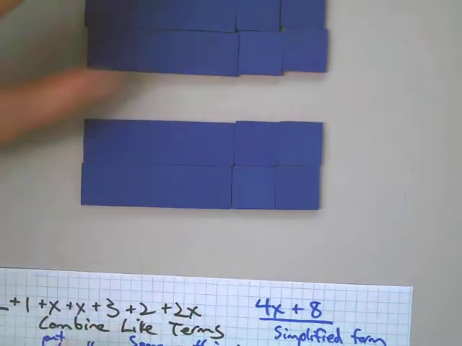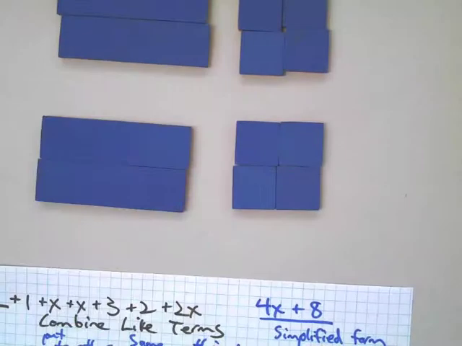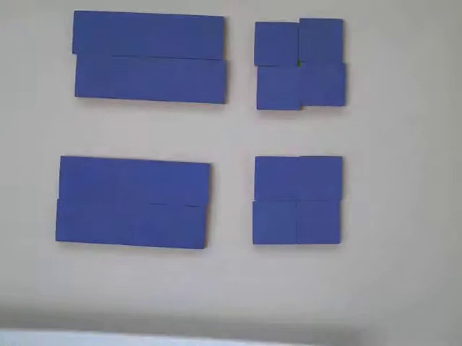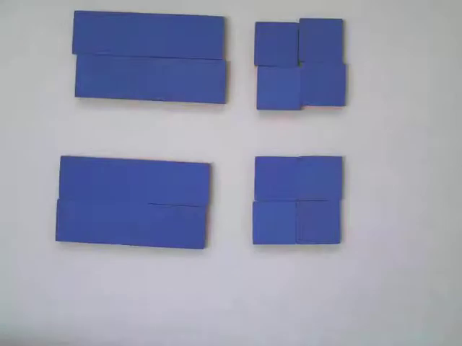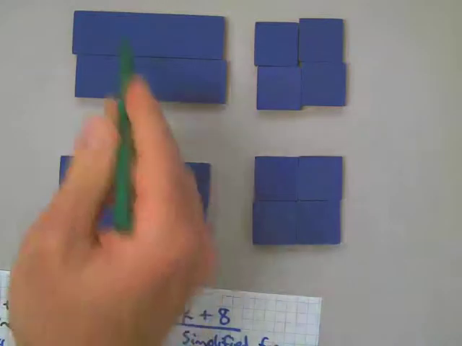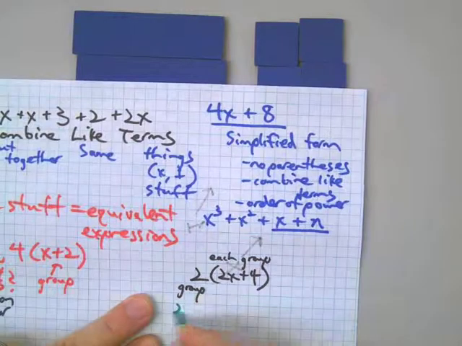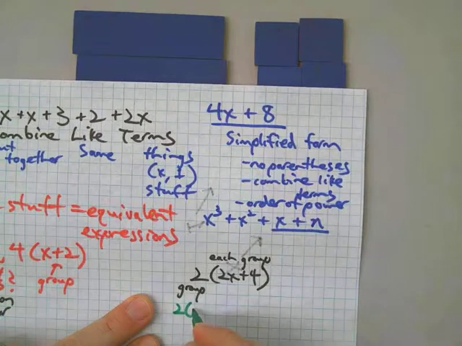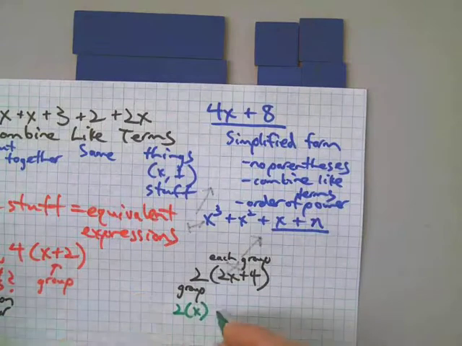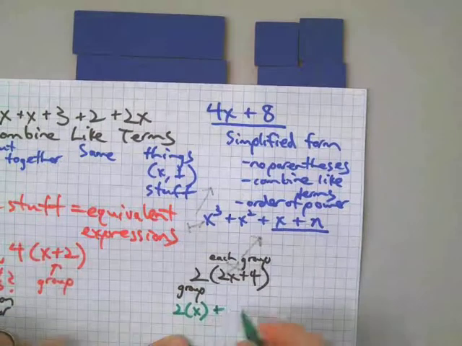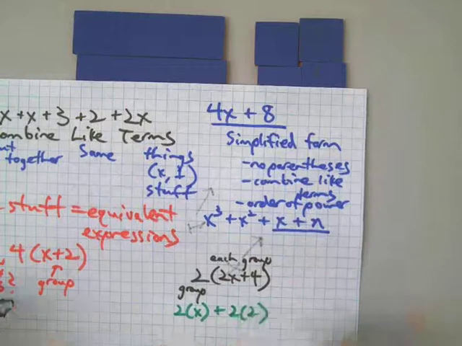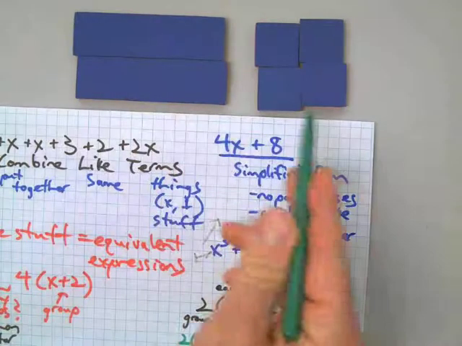Well, if we take this right here and split it up that way, wow, now I have 4 different things. I don't have 4 equal groups, but I've got two of those, and I've got 2 of those.